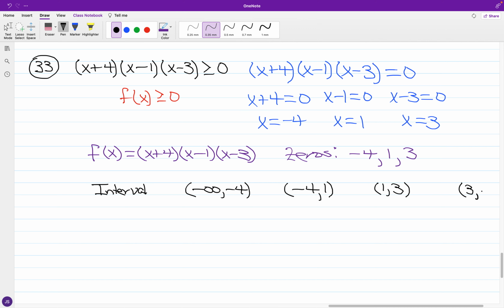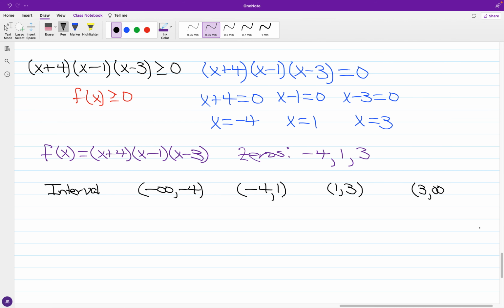And we have those values of x greater than 3 at the upper end. Again, we'll be looking at selecting test values.